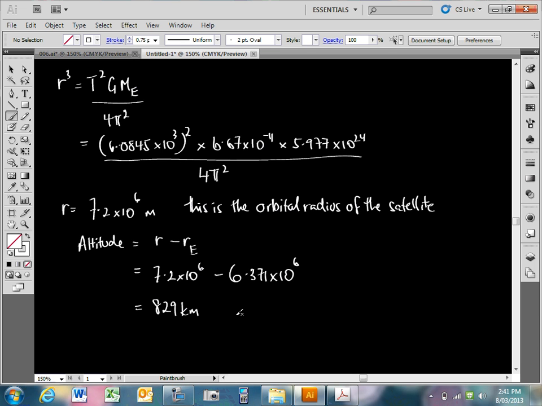Altitude is about 829 kilometers. It's not that high. Higher than the Space Shuttle and the International Space Station orbit, but not that high. I want to know the velocity at this height. Remember, the velocity and the radius are dependent on each other.